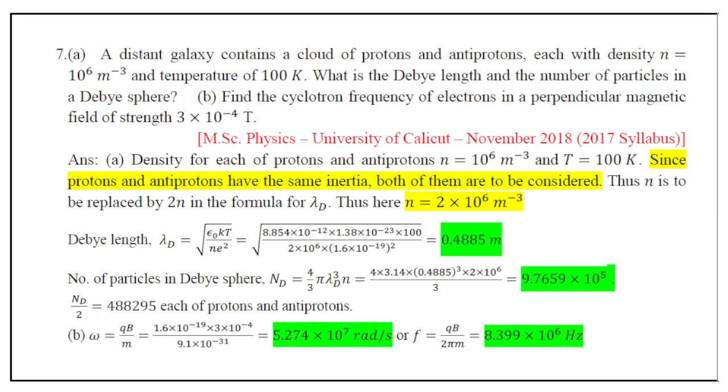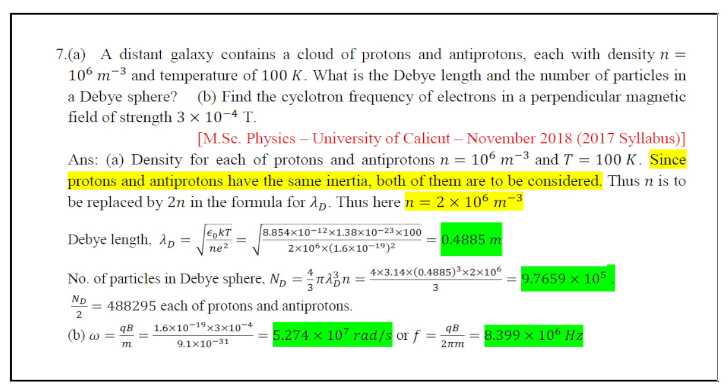So the Debye length lambda D is equal to square root of epsilon 0 kT by n e squared. Epsilon 0, k is given, then T is given as 100, n is given as 2 × 10^6. That is the important point. Then e squared, because proton has a charge of 1 unit. So we will get Debye length, and then Debye sphere. Number of particles in the Debye sphere is also 4 by 3 pi r cube n, r is the same, that is lambda D. Then n is taken as 2 × 10^6.